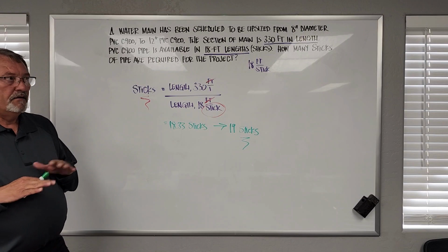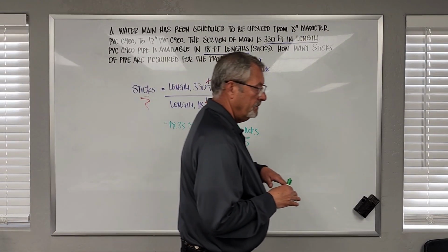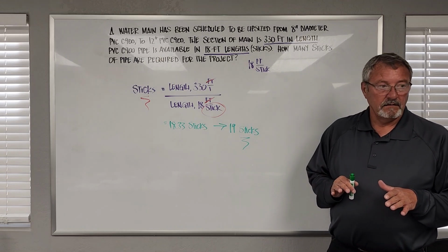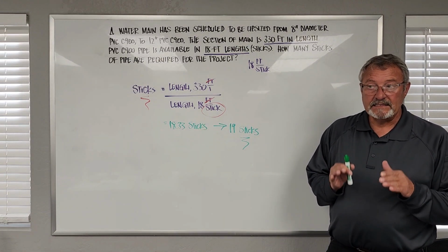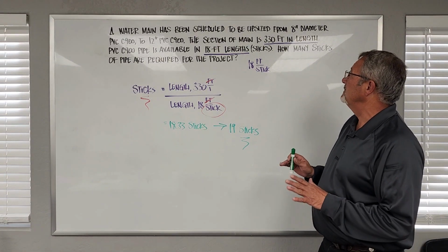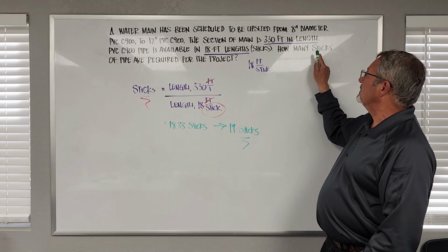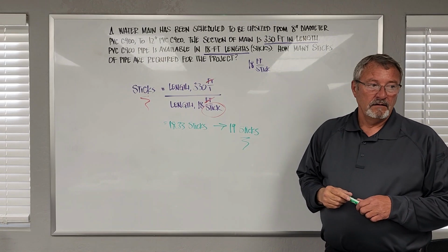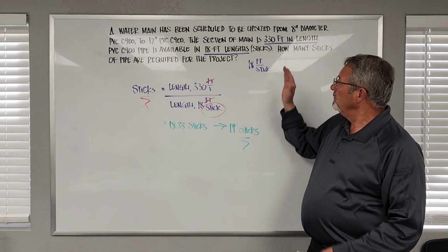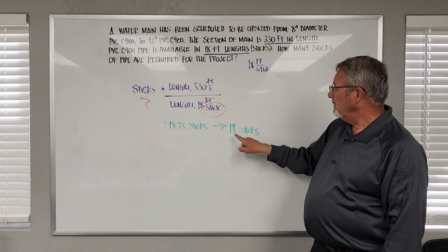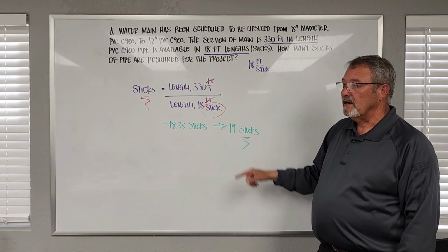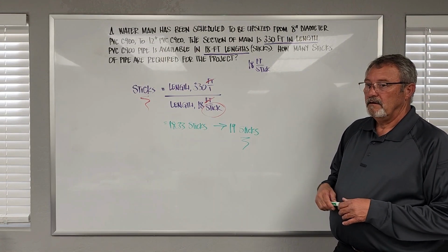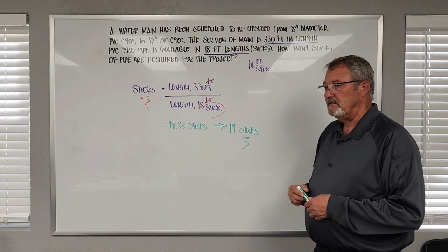Now, whenever you're taking an exam, be very careful that you read exactly and understand exactly what they're asking you for. Because in this case, it says how many sticks of pipe are required for the project. And because we understood that, we were able to figure out that we're going to have to buy 19 sticks of 18-foot lengths of 12-inch diameter PVC C900 pipe.